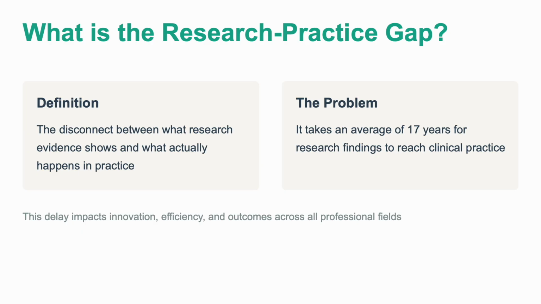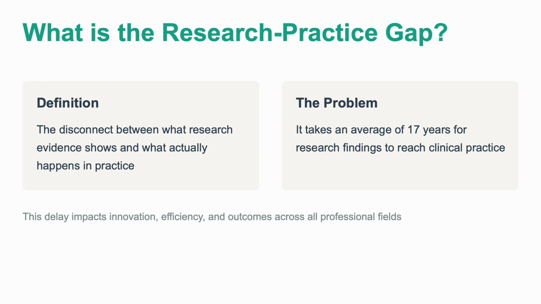The research practice gap is the disconnect between what research evidence shows and what actually happens in practice. It's the space between discovery and implementation, between knowing and doing. On the left, we see the formal definition, this disconnect that prevents evidence from improving outcomes.